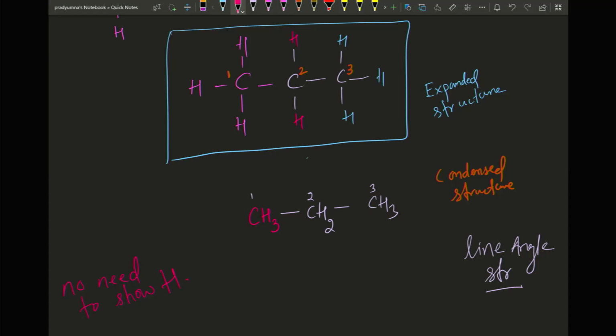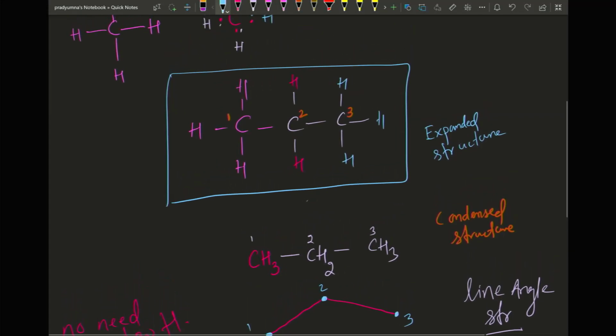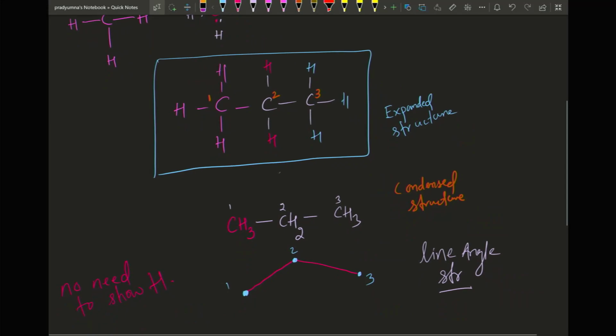So each corner represents a carbon atom. You don't need to exaggerate, but I'm exaggerating the corners here. All right, so these are the 3 different types of structures that you need to know.